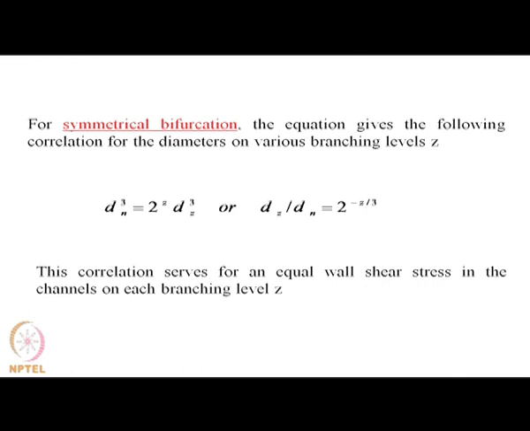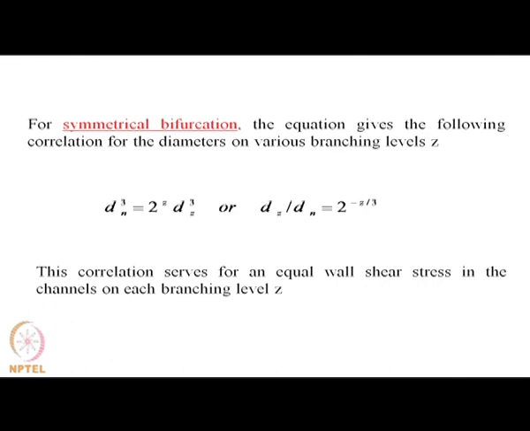So, the first equation: D0 cube is equal to 2 to the power z times Dz cube, when there are z number of bifurcations. Whenever any branching is done on a system, it must follow Murray's law.